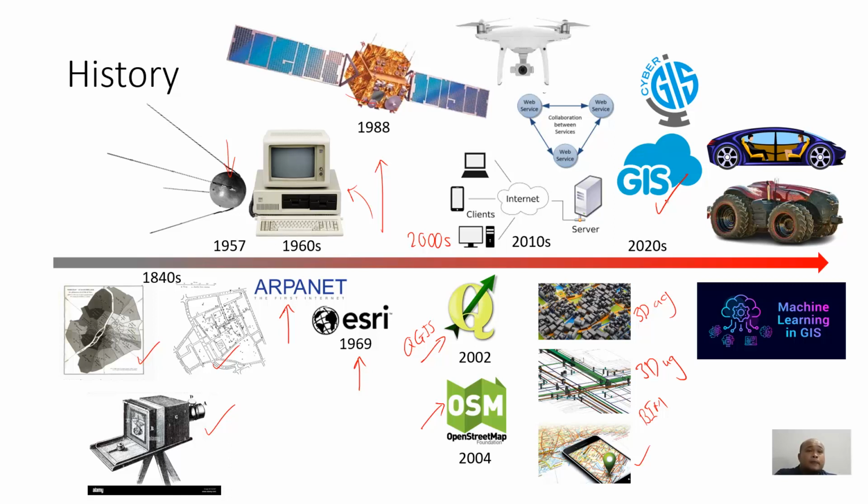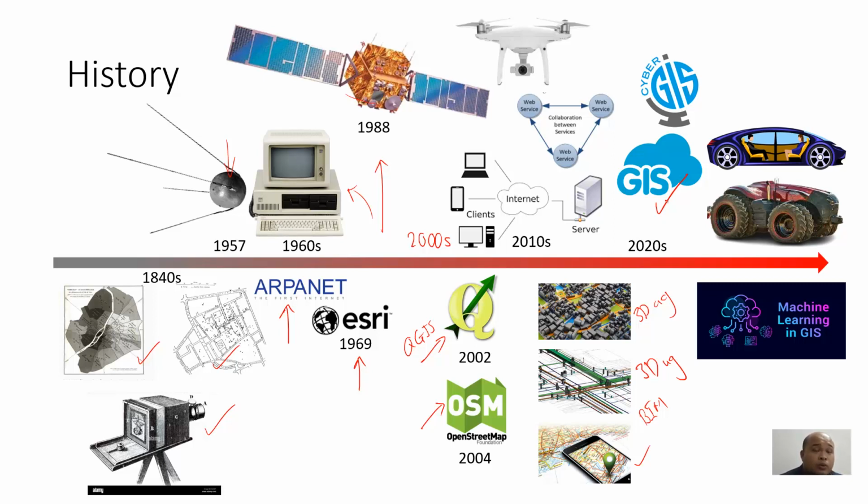So the advantage of having cloud compared to the personal computer hard disk is that the cloud will ensure that the data is safe, right? And it is always available as long as you have an internet connection, right?